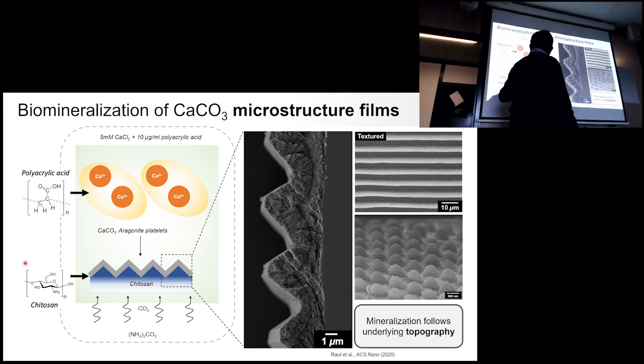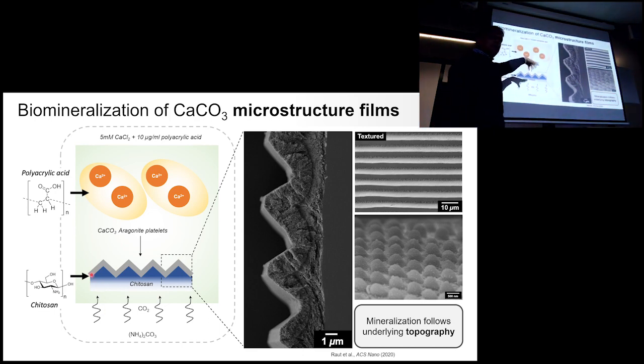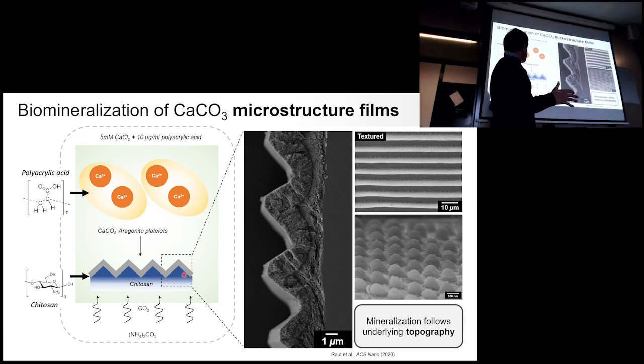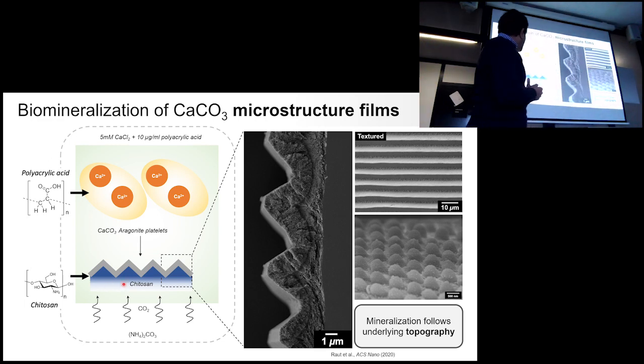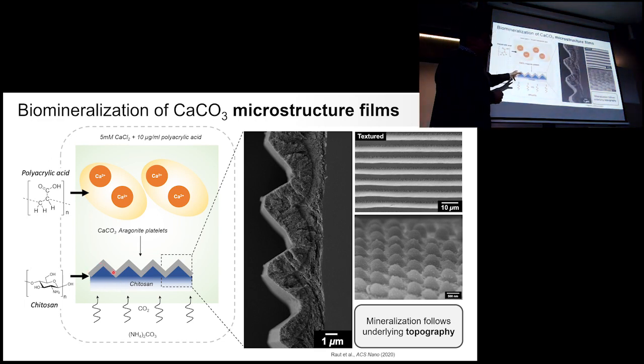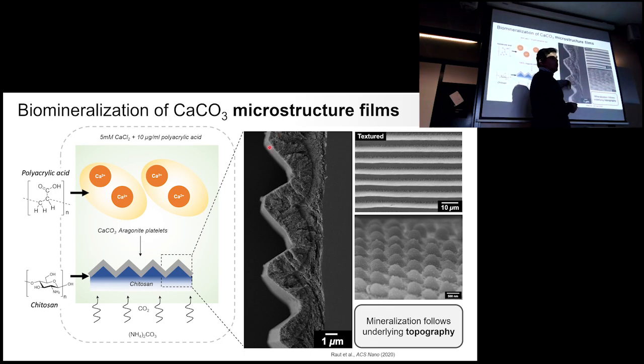Turns out, if we introduce into the same biomineralization system chitosan with some microstructures, in this case a wavy profile, which we created by lithographic approaches, and introduce them into this biomineralization solution, you can then grow aragonite films right on top.